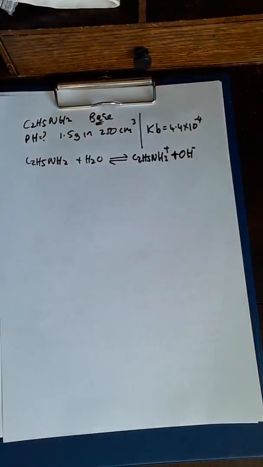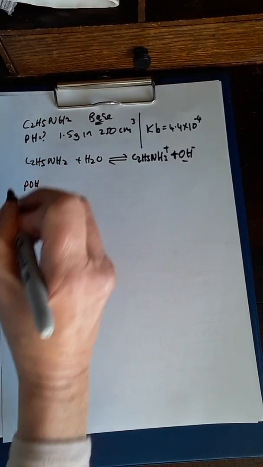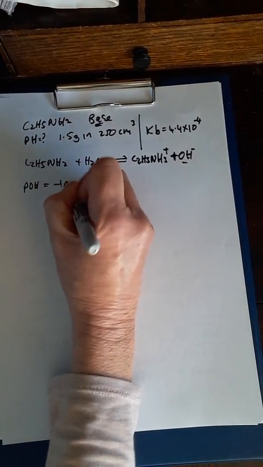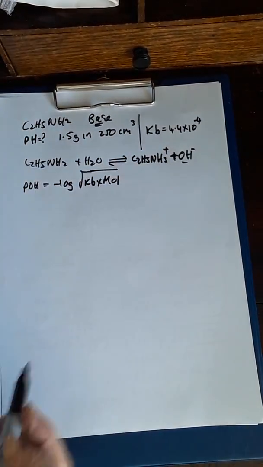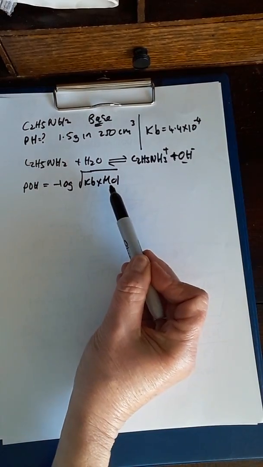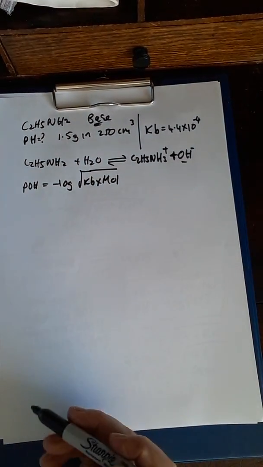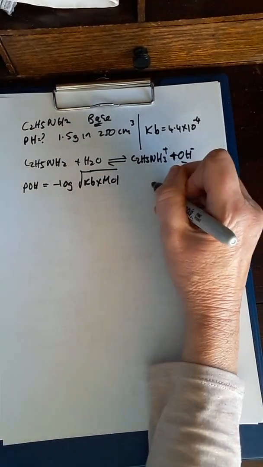So remember that, that's important. So really this time I'm looking for the pOH. So the first thing I'm going to get is the pOH. And the pOH, because it's a base, is minus the log of the square root of Kb by molarity. I have the Kb, but I don't have the molarity. So let's find the molarity.